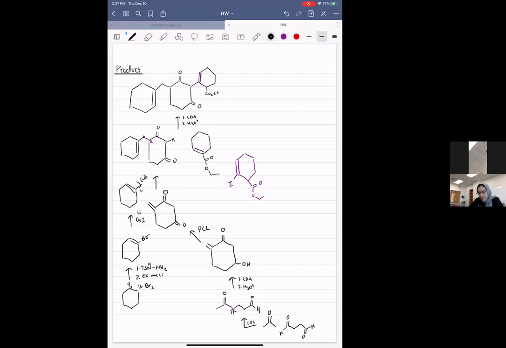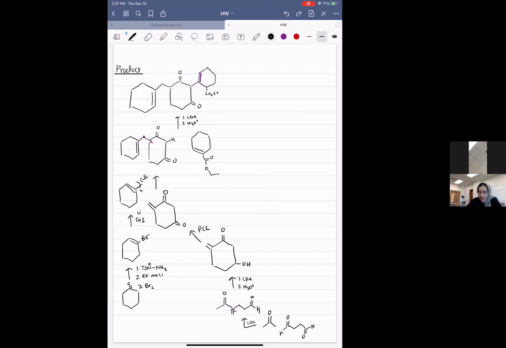But the problem with that is I had no way of forming this vinyl halogen, this iodine on here, because originally I thought, oh, I'm just going to use HBr, it can add that easily, but it is a carbon away from the carbonyl, so it is not an enone, so I cannot use that on this. So this was not a very good idea, and this was a lot better of an idea, so I went with this one.